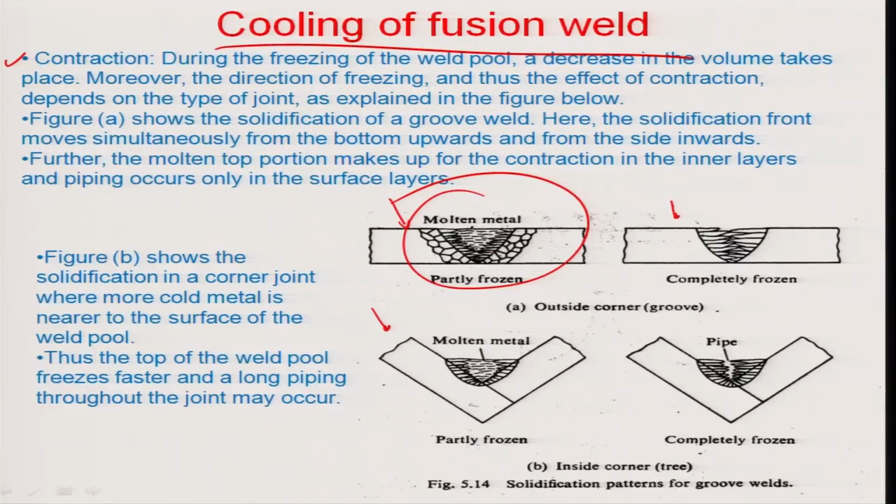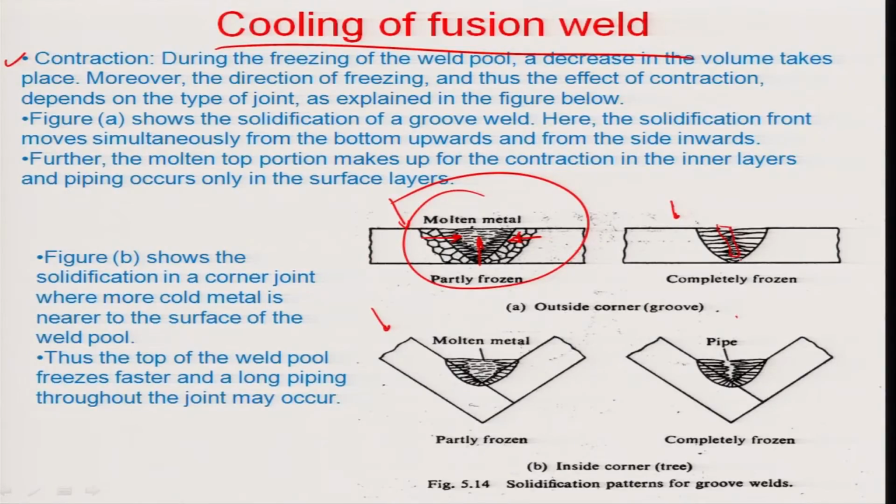Here the solidification front moves simultaneously from bottom upwards, and also from sides inwards. Therefore, when the complete thing is frozen down, there is some kind of piping effect which would occur throughout the weld, as can be seen here, because there is no metal to be fed in for this contraction or shrinkage which happens because of solidification.